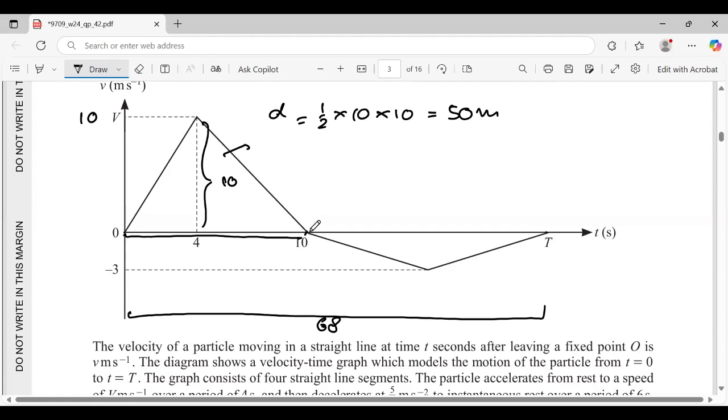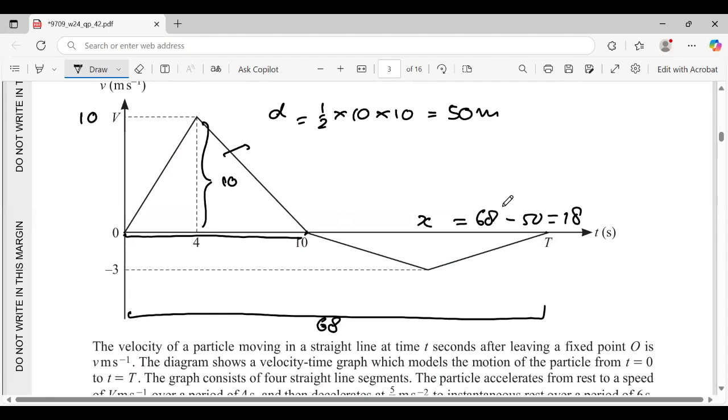If the time from 10 to T is x, we can find the distance from 10 to T with base x. The distance is 68 minus 50, which equals 18. So this is 18.